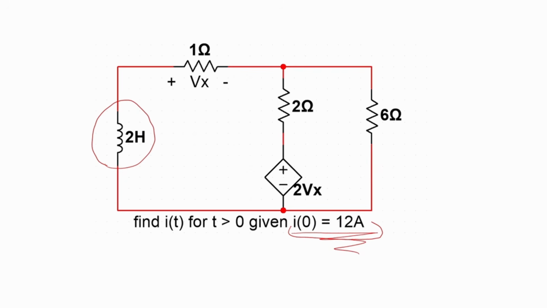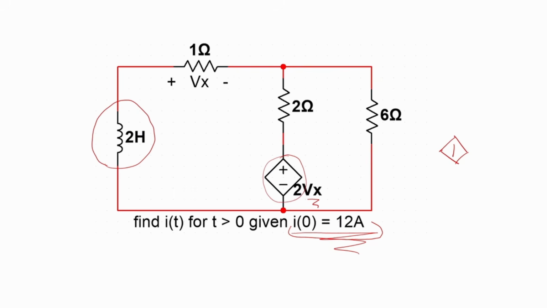So there's no reason to divide to solve for t less than 0 and t greater than 0, since we already have the initial condition of the inductor. Another important thing here is that we're given a dependent voltage source. A dependent source is represented by a rhombus.